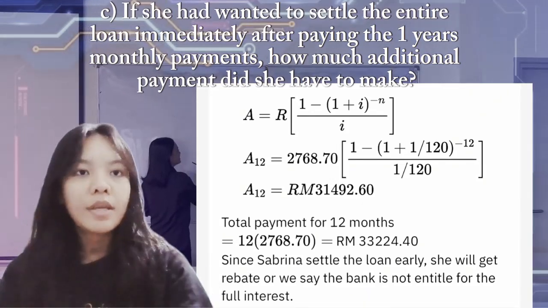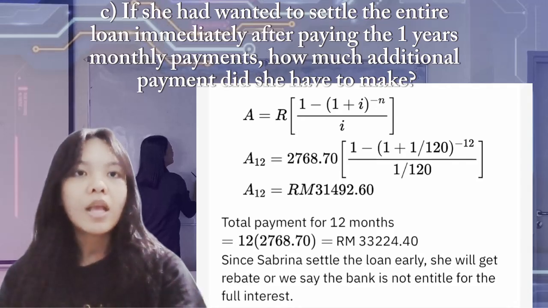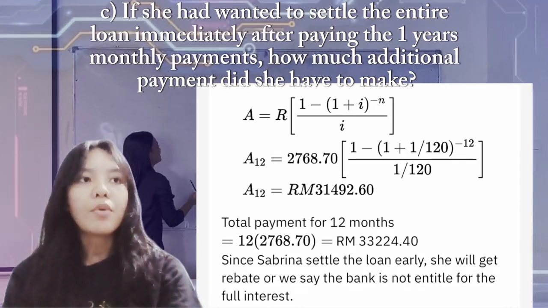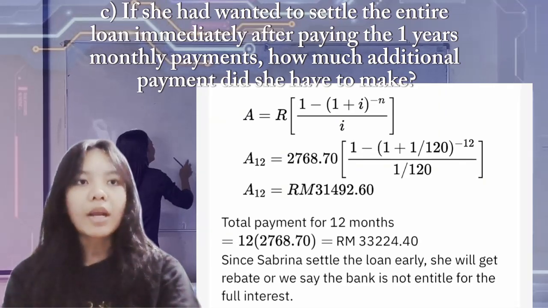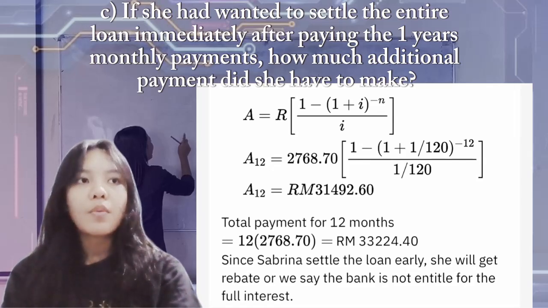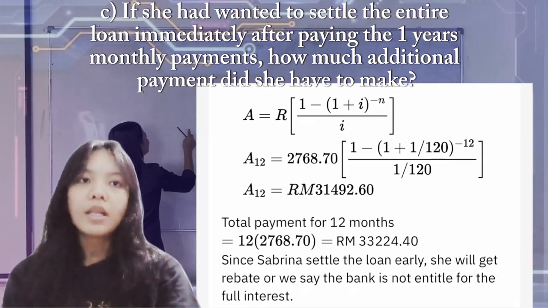So, using the values, we get A equals 2,768.70 left bracket 1 minus bracket 1 plus 0.015 bracket to the power of minus 12 per 1 per 120, right bracket equals 31,492.60 ringgit.